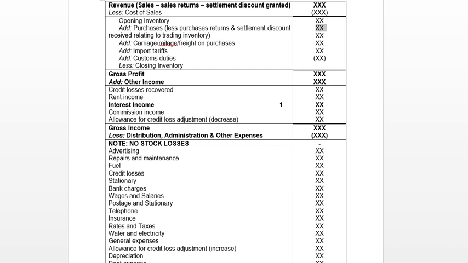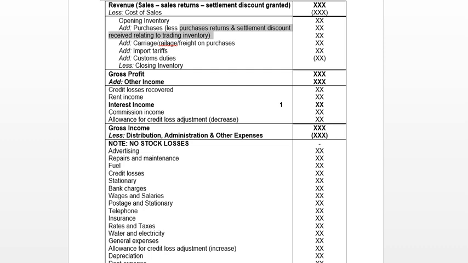That is buying new inventory to sell, to trade, and then we'll also adjust that for any purchase returns and settlement discount received, specifically relating to trading inventory. You will add any directly attributable cost in getting these purchases ready or to your premises.